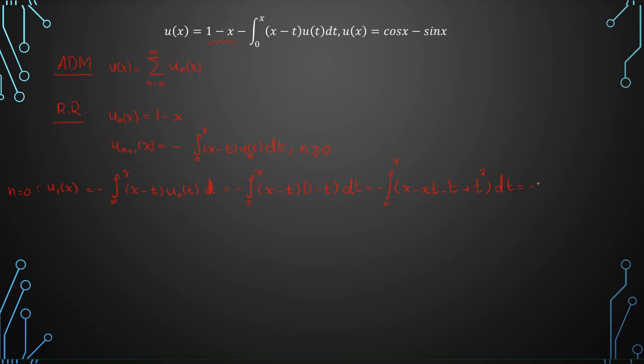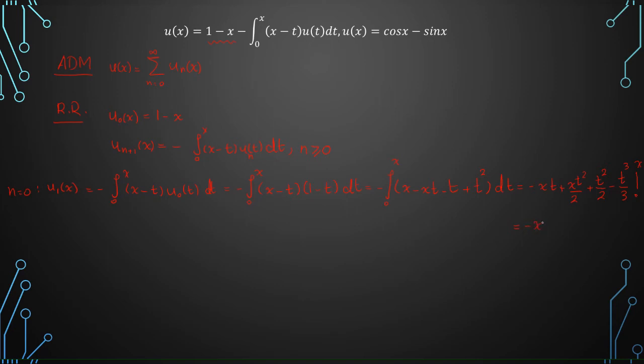It's going to be minus xt plus xt squared over 2 plus t squared over 2 minus t raised to 3 over 3 from 0 to x.